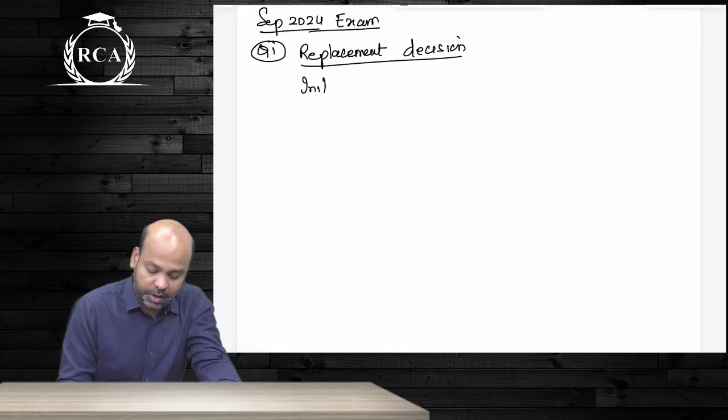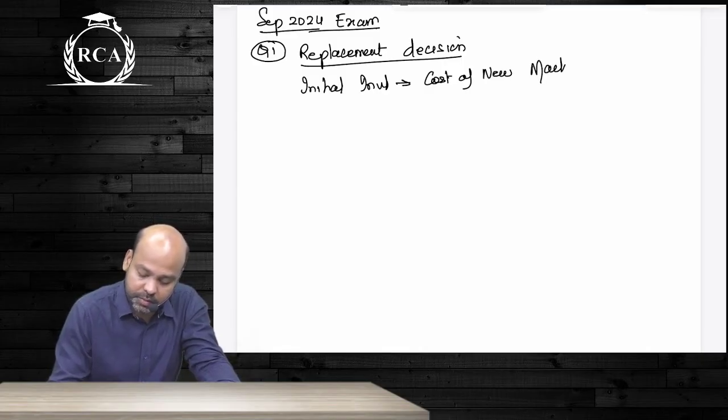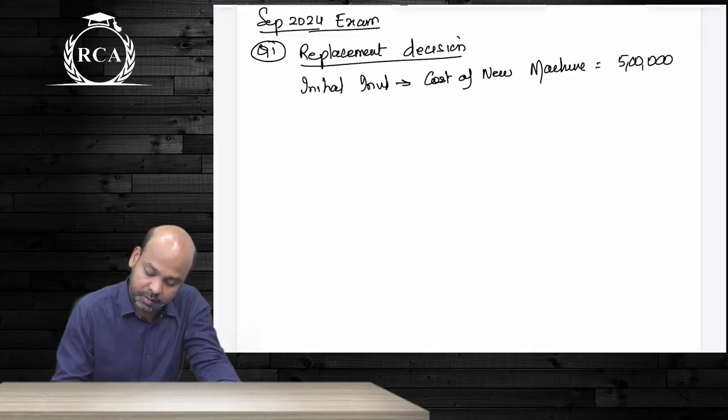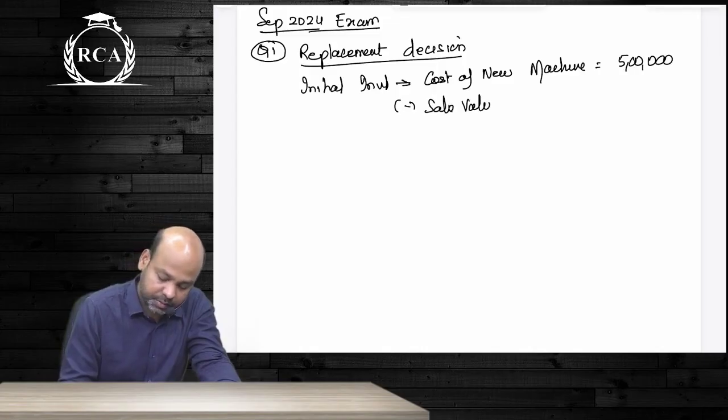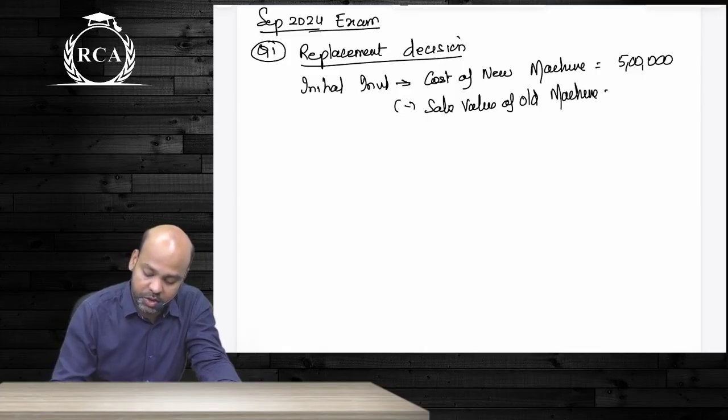Your initial investment, guys. Cost of new machine is how much? 5 lakhs. Minus sale value of old machine. There was no working capital investment, right? Sale value of old machine, beta, is 10,000.